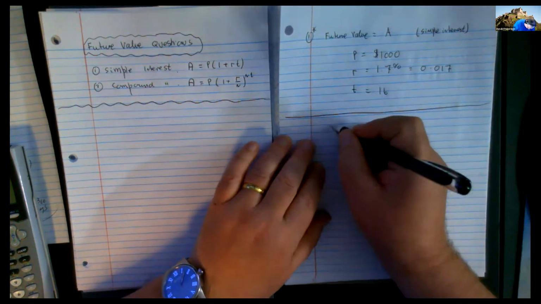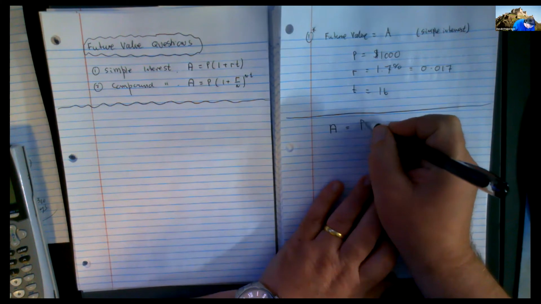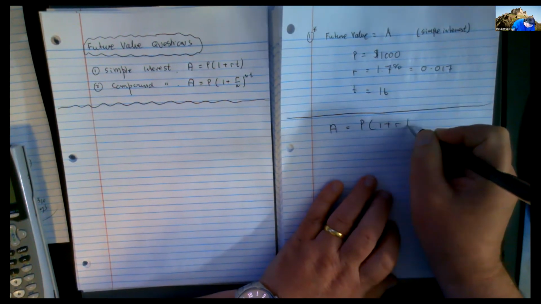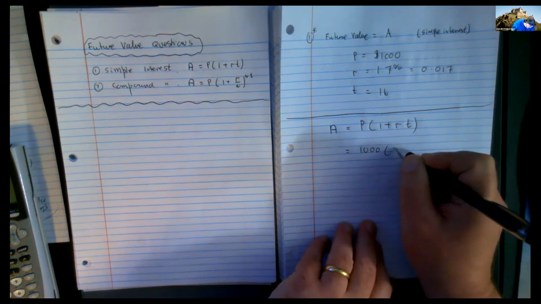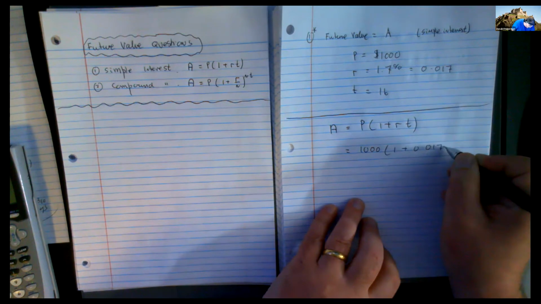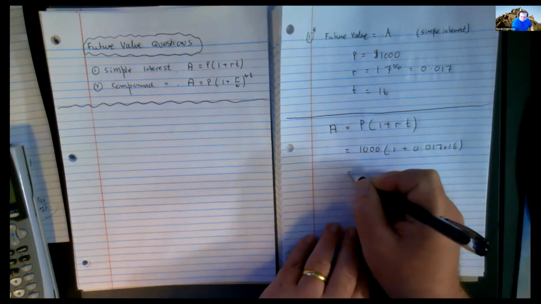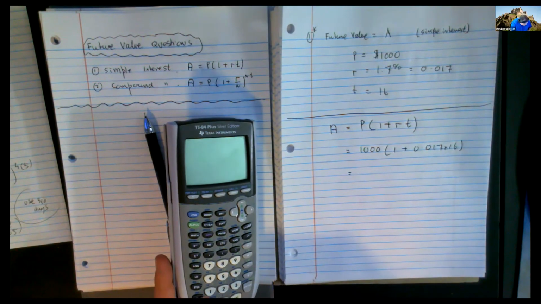If it was a simple interest question, the amount you would pay would be P(1 + rt). P is 1,000, and the other two numbers we already know. Pretty much you grab a calculator and you're good to go.